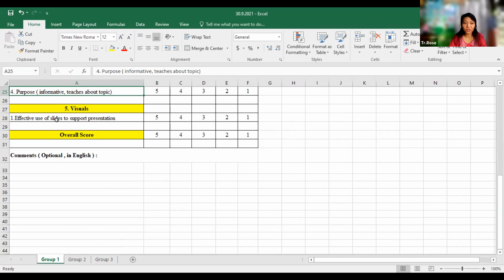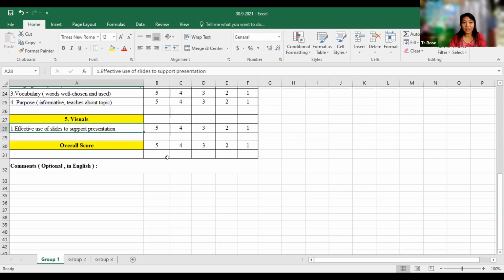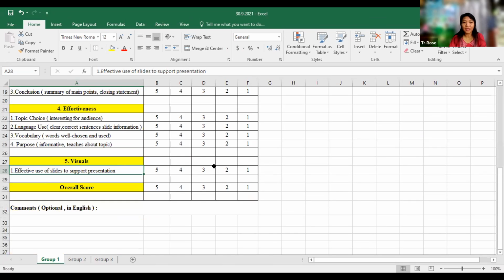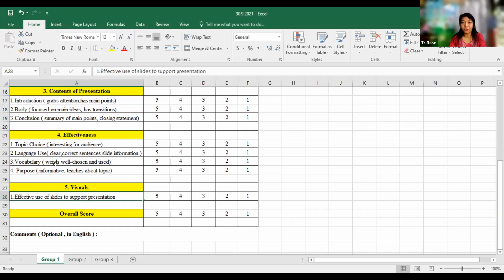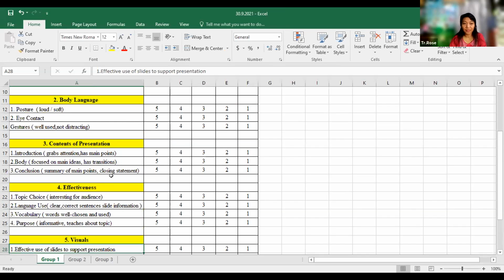Then the next one is the effective use of slides or visuals to support the presentation. Visuals means that instead of only a slideshow, what other things they use, maybe an audio or video clip or anything else. And then this one is the overall score. When you finish these things, you have to give them overall scores.